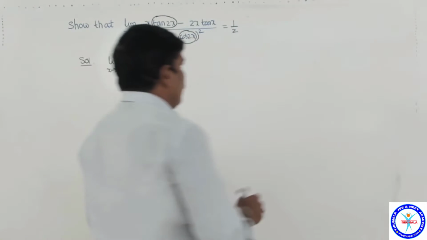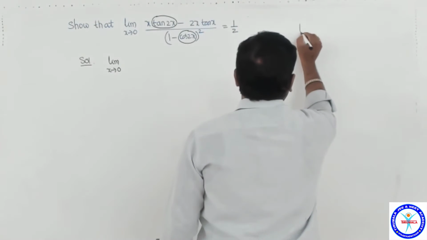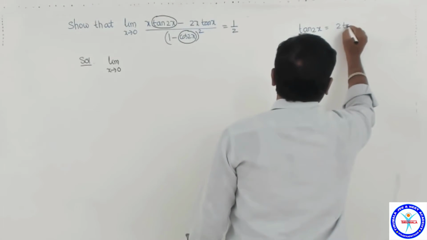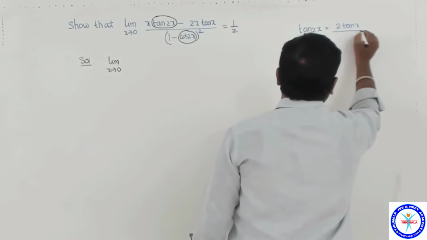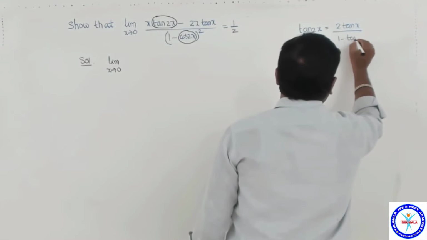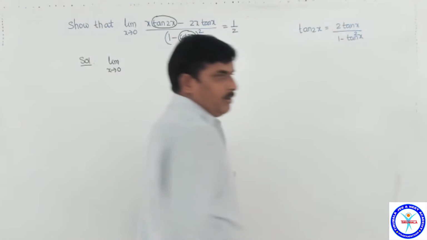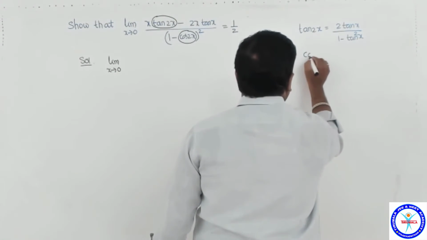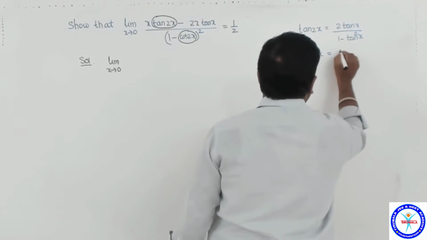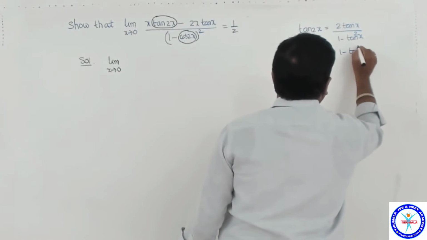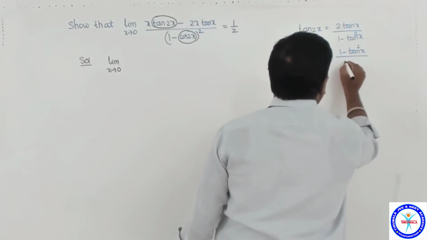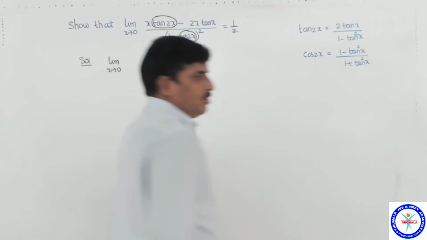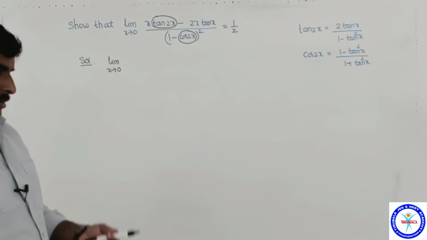We know the formula of tan 2x: tan 2x equal to 2 tan x by (1 minus tan square x). And cos 2x equal to (1 minus tan square x) divided by (1 plus tan square x).